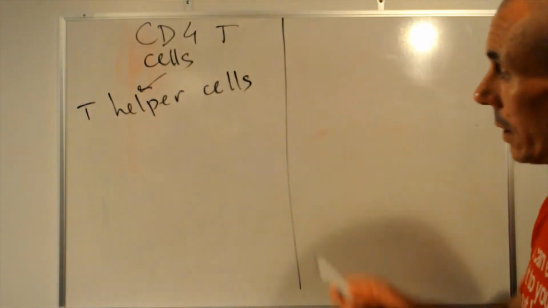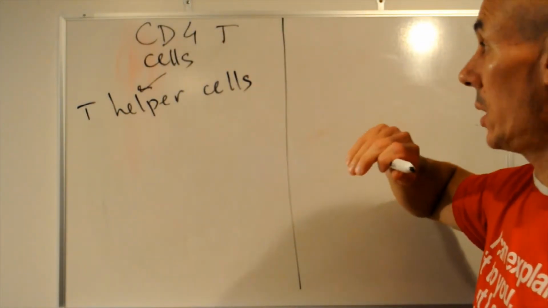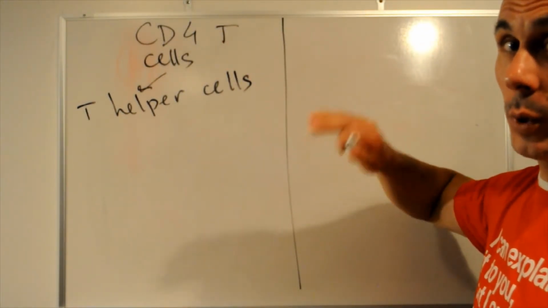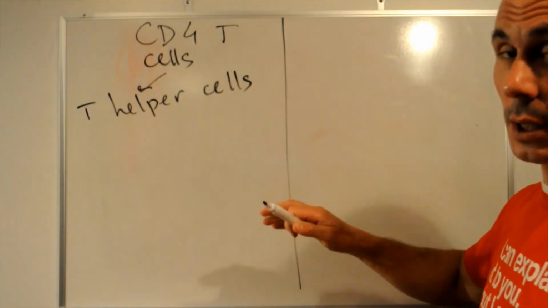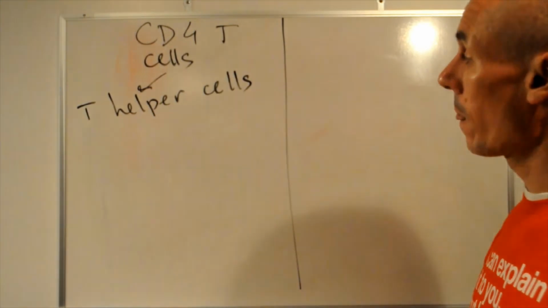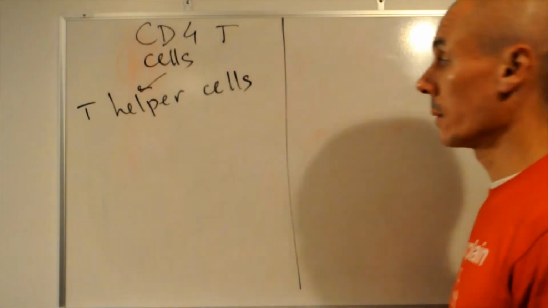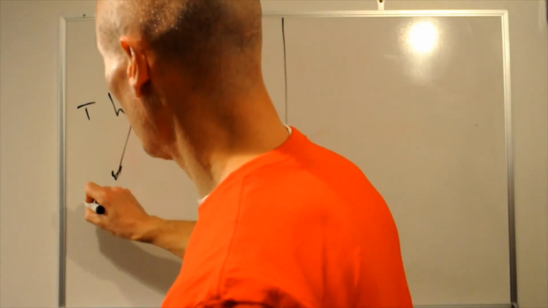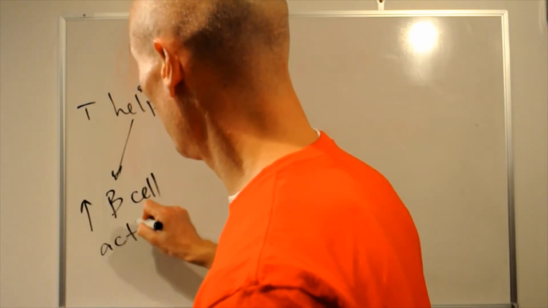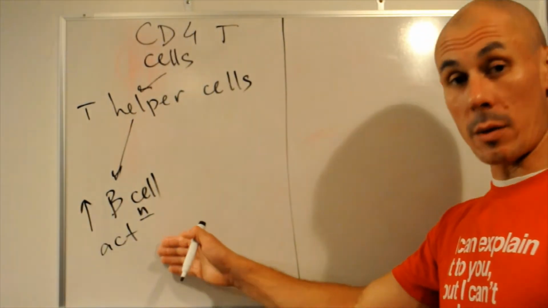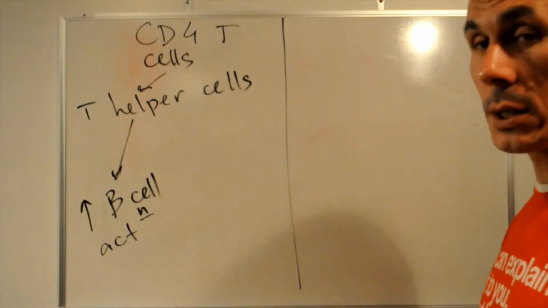Now T helper cells, remember CD4 cells recognize MHC class 2, which is found on antigen presenting cells like B cells and macrophages. Well, T helper cells can increase B cell activation, which you can imagine leads to increased antibody production.